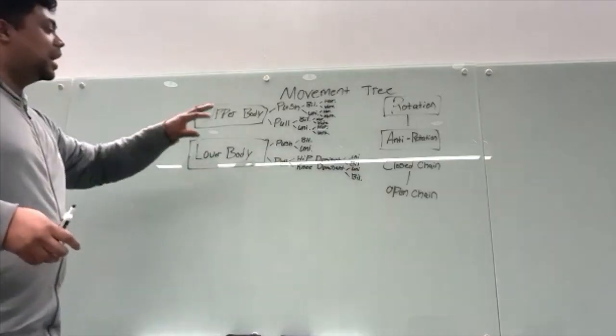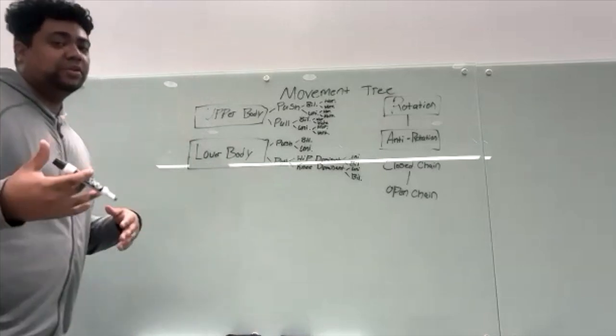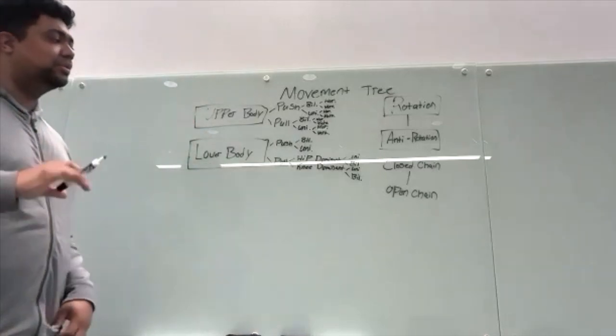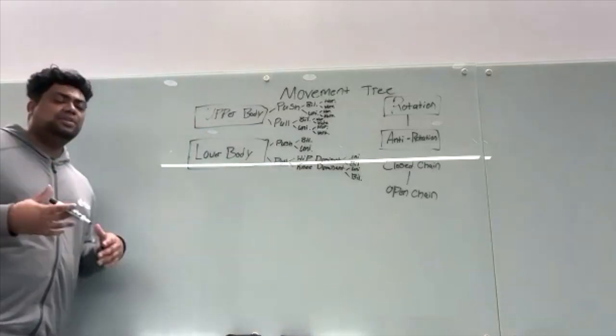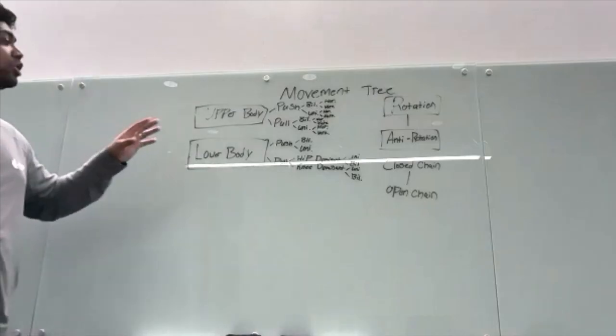Now, I had that backwards, because I would do the squat first and then do the leg extension later, just because the squat is more demanding. You'll get more out of it, but it's still good to mix it up.